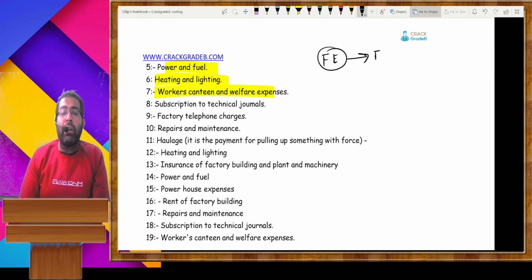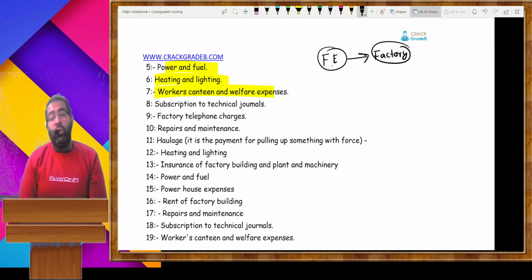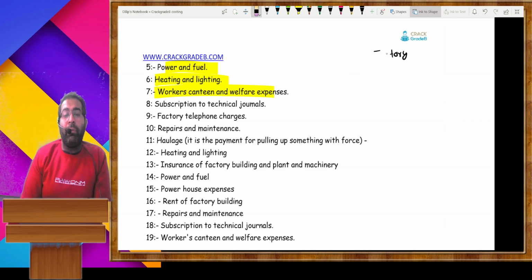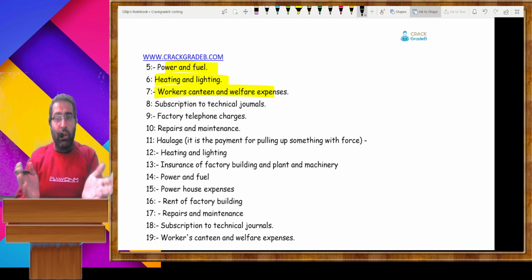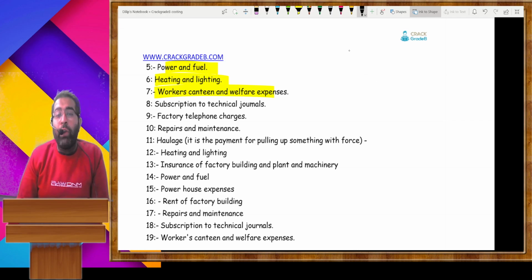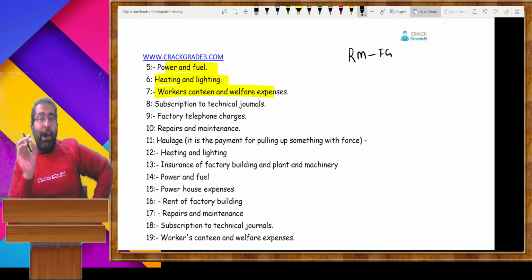Anything which is related with the factory. Now the question arises in your mind: sir, how can we understand that it is related with the factory? Use your common sense again: when we convert raw material into finished goods, we need a factory.